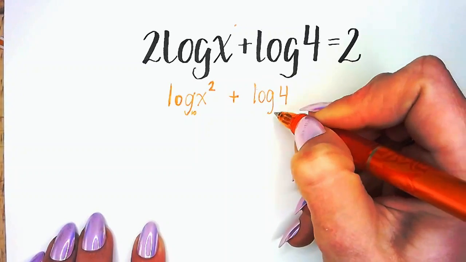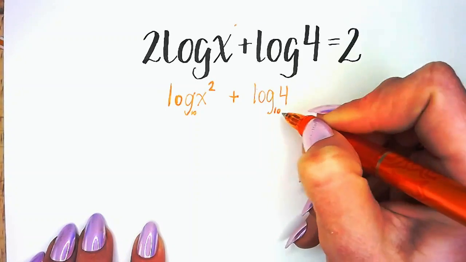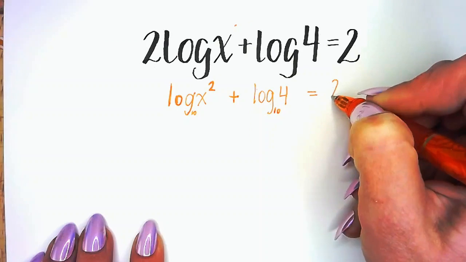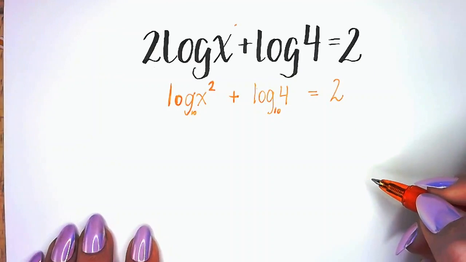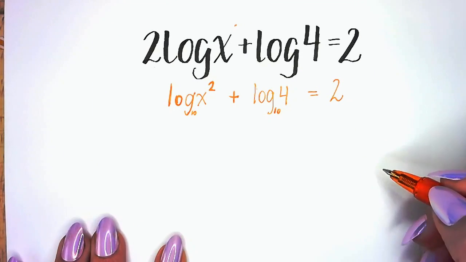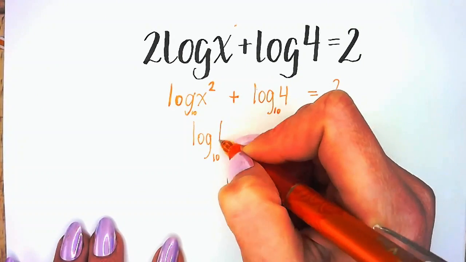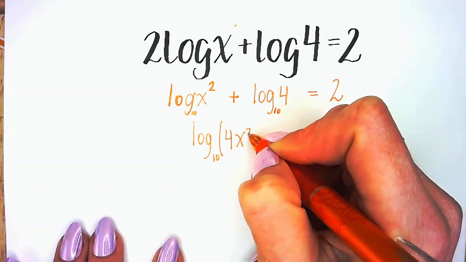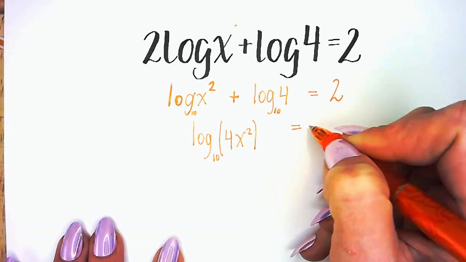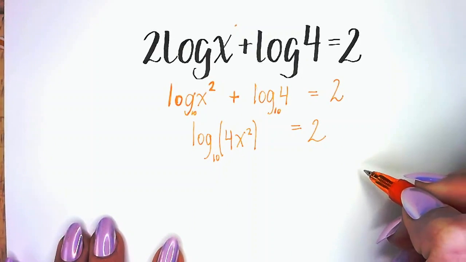Addition between two logarithmic expressions with the same base can be combined into a single logarithm using which property? Product property. This will become log base 10 of 4x squared is 2.